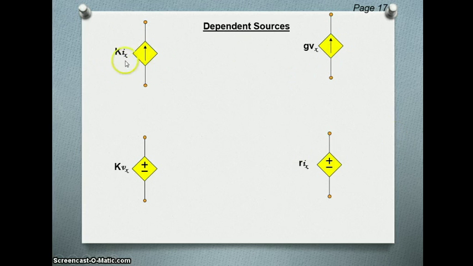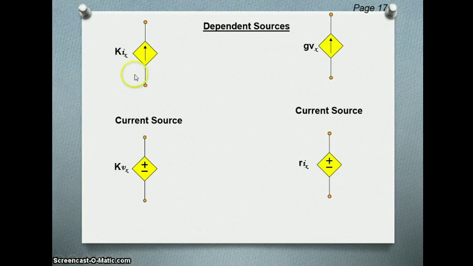First of all, please observe that the shape of the symbol changes. If you remember, an independent source is represented by a circle, and to represent a dependent source, we use this special diamond-like shape. Now, knowing more details about the dependent sources: as you can see here, dependent sources themselves are current sources and voltage sources.